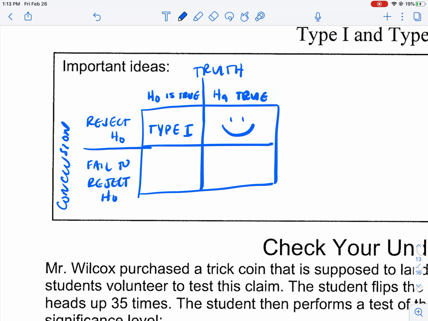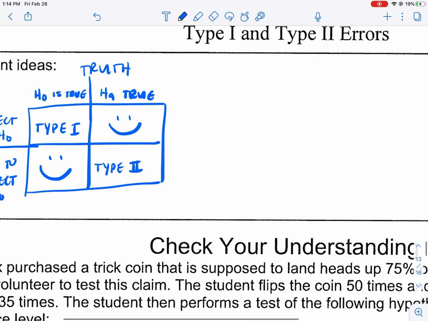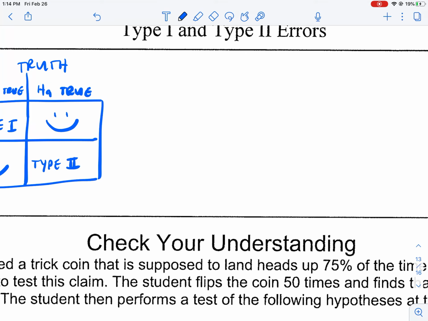So we find that the truth is that H sub A is true and we reject the null. That's good. If the null is true and we fail to reject it, that is good. So you kind of see the pattern here, right? And at the bottom, what we have is the alternative is true, but we fail to reject the null. That would be known as a type 2 error.